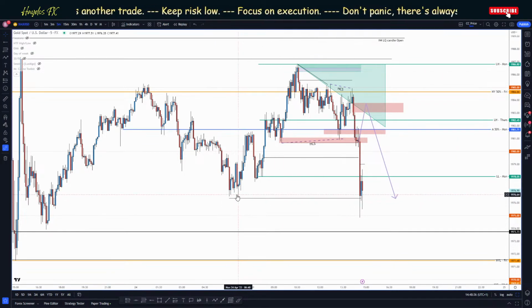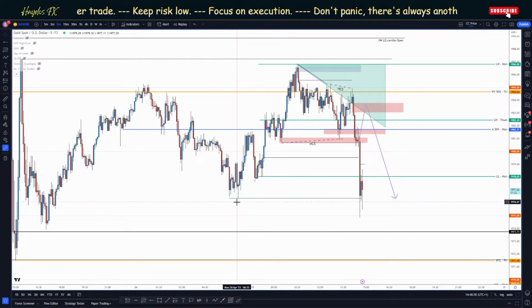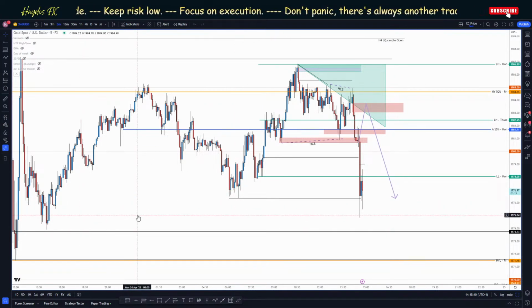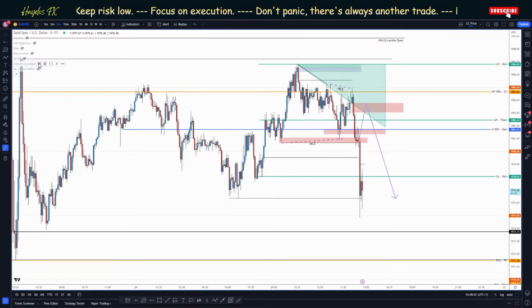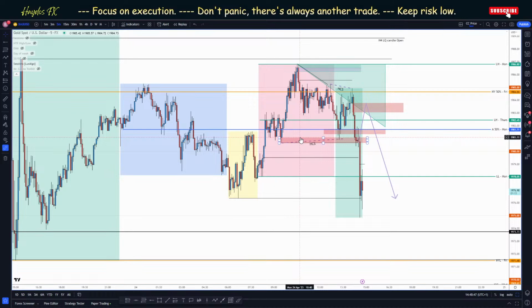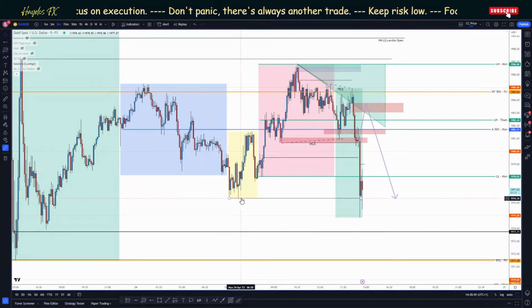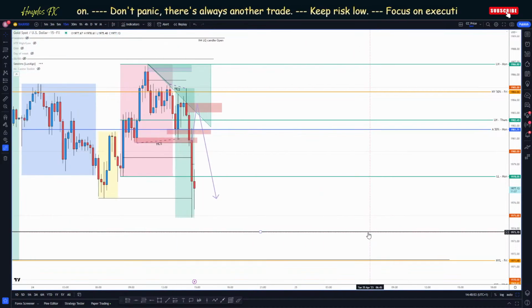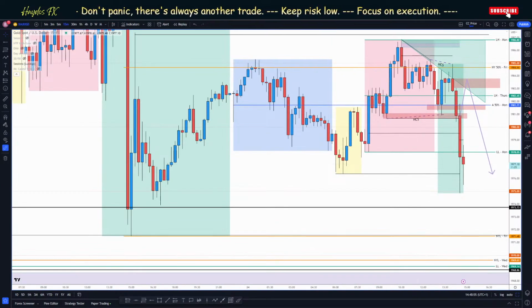So this made sense. Oh wait, no. Yeah, that's right. Daily low is here. It made sense for New York to take the low. Because what was the main thing about this low? It was a doji.